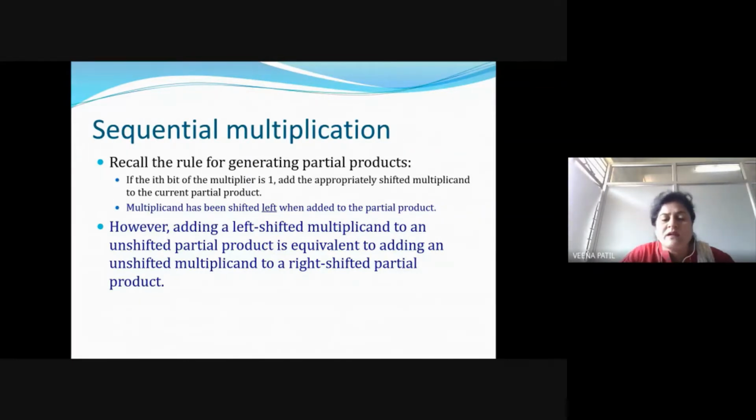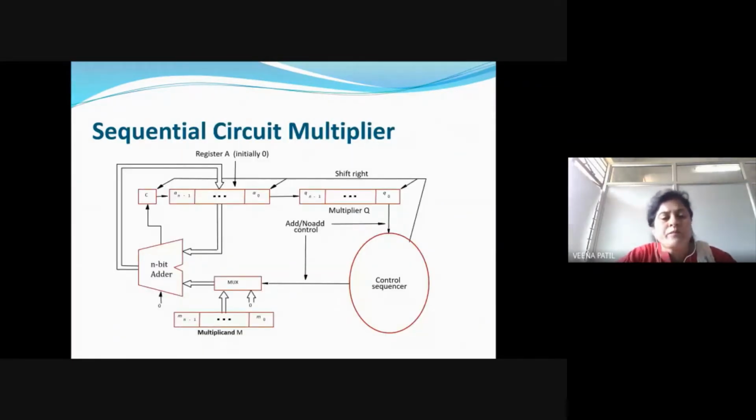That is why in the circuit, if you can see here, this is the circuit for the sequential multiplier. Now in the sequential multiplier, we take 3 registers.